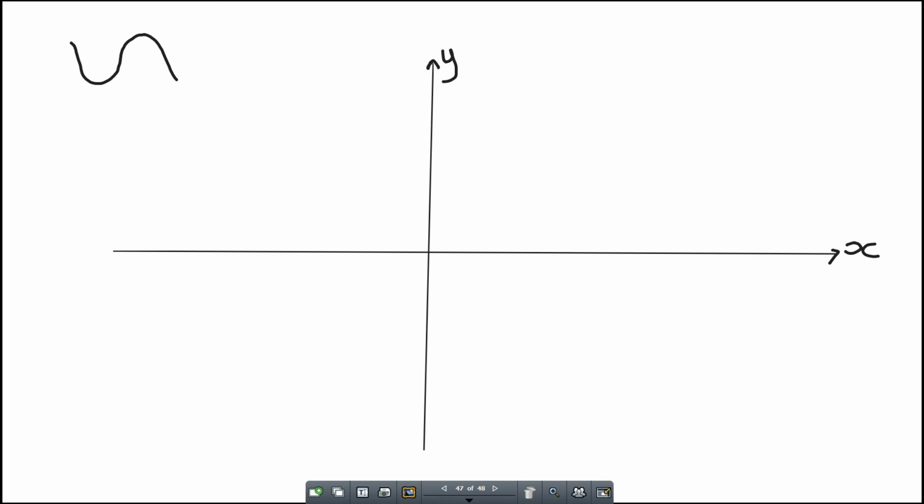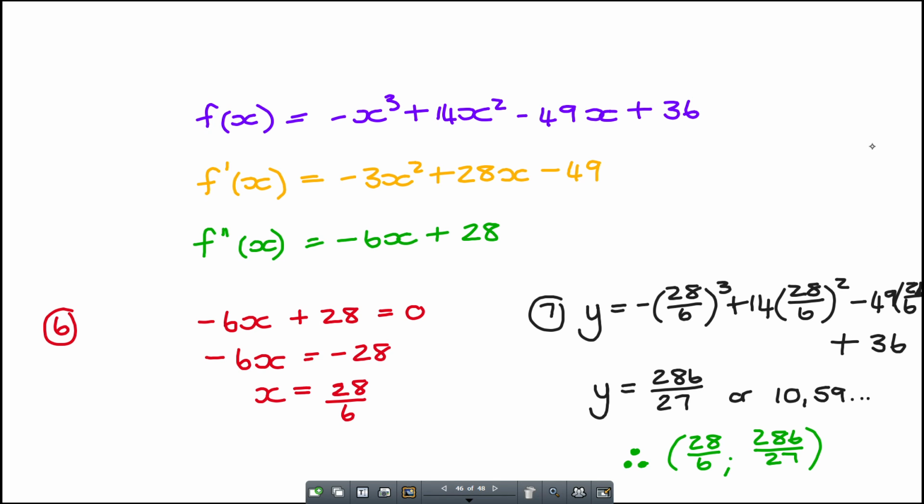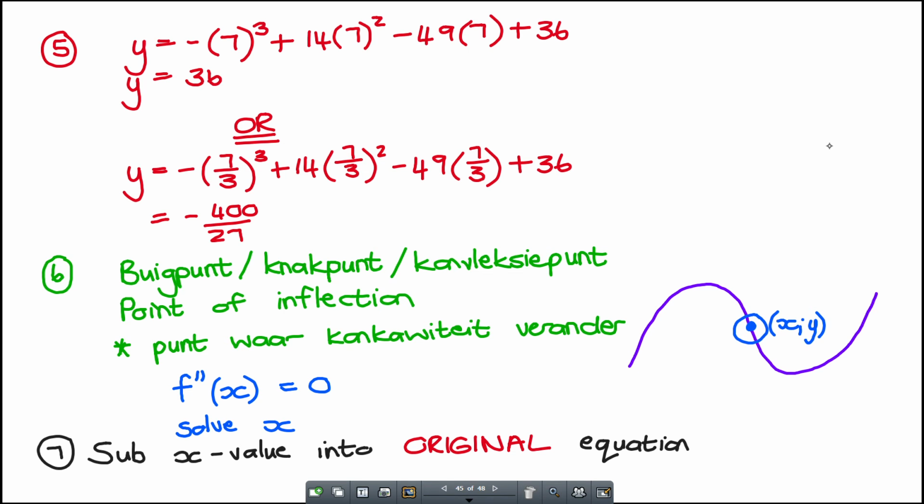Ek het nou nie my waardes mooi gaan aflees nie, maar toe maar. Okay, so 36. The x-intercepts. Wat was hulle? Step 3, what did we get there? 1, 9, 4. So 1, 4, 9. But we plotted on the x-axis. Kyk gou.